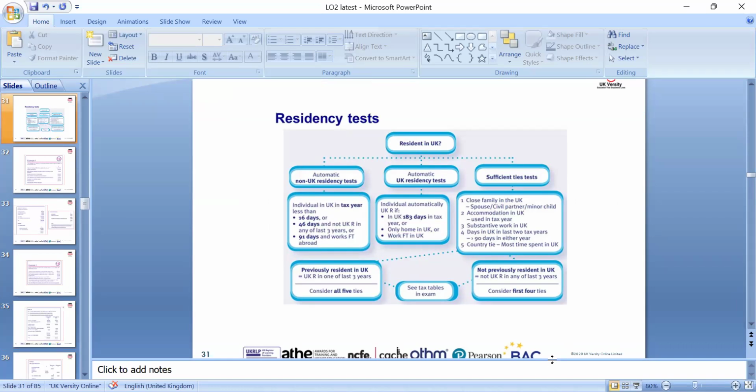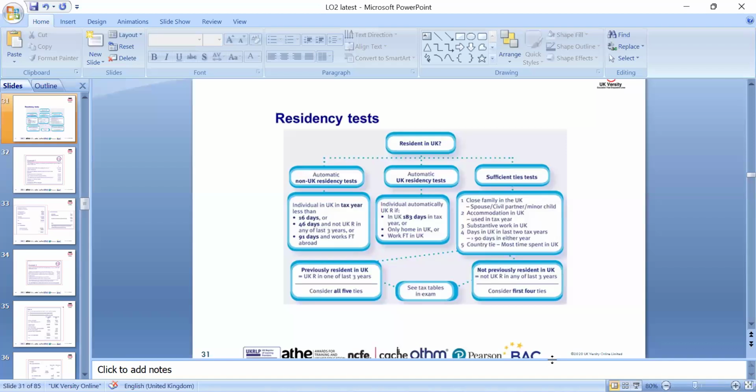So if we look at the residency test, a non-resident individual in the UK tax year: less than 16 days, 46 days in any of the last 3 years, 91 days and work full time abroad, and previously resident in the UK once in the last 3 years, and consider all 5 ties. So we can look around the 5 ties. Automatically resident if in the UK 183 days, only home in the UK, and work full time in the UK.